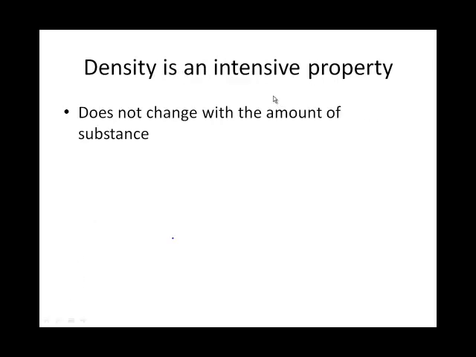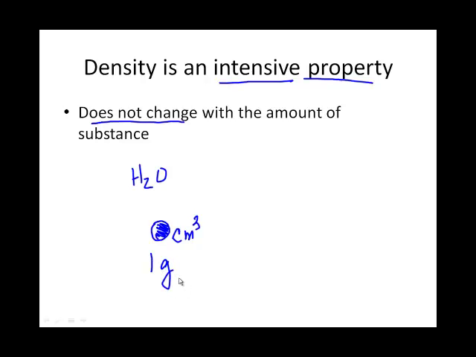Now, density is an intensive property, and by the word intensive it means it does not change. So no matter what, if you have a certain kind of substance, let's just say water, no matter how small of an amount you have, let's just say that is a cubic centimeter worth of water, and inside that space is 1 gram of water.